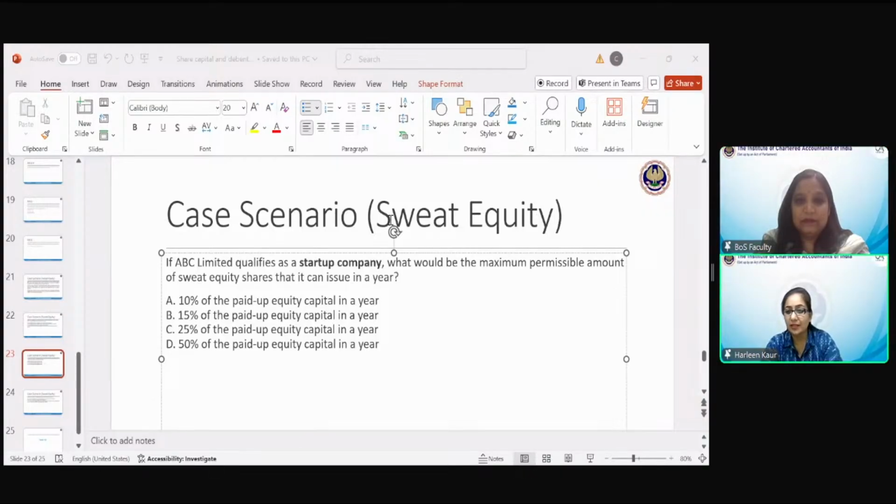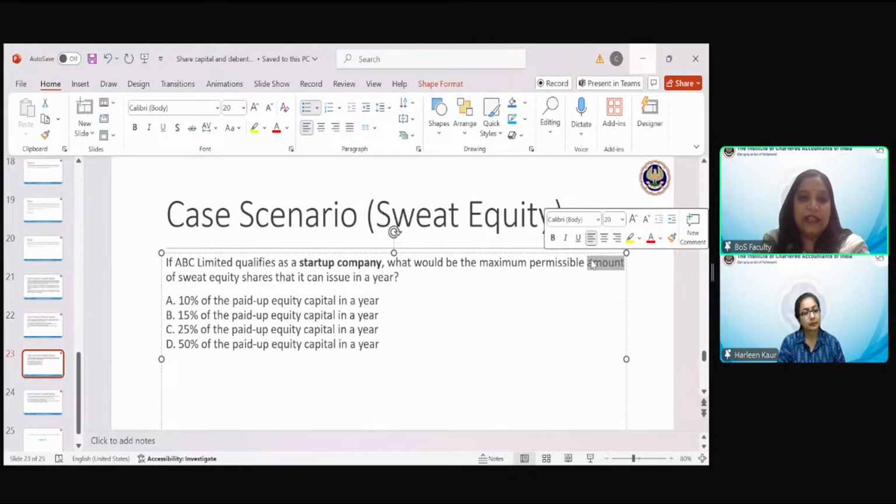You can repeat it once again. I think some of them are not able to hear it. Okay. The last time. In this case, the company has share capital of 5,000 crore. So instead of percentage, they are saying tell us the maximum permissible amount of sweat equity shares that it can issue in a year.